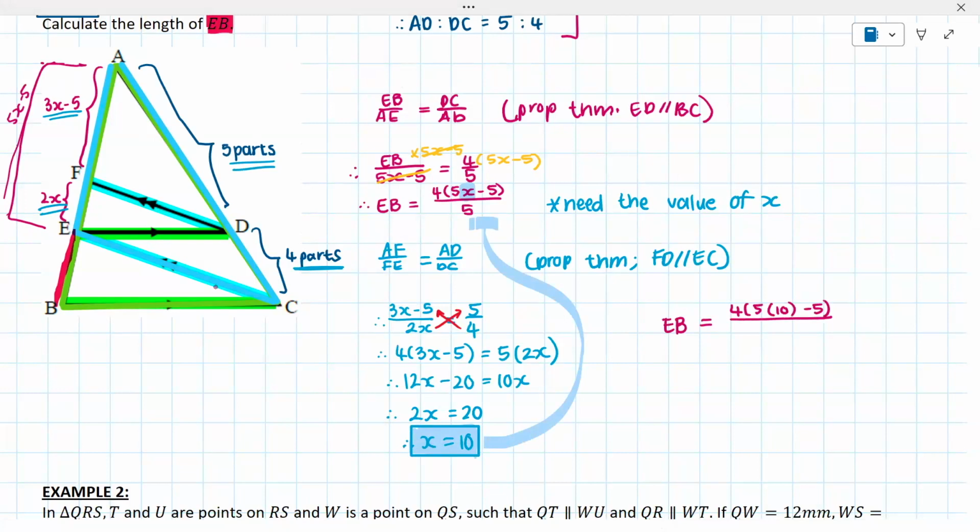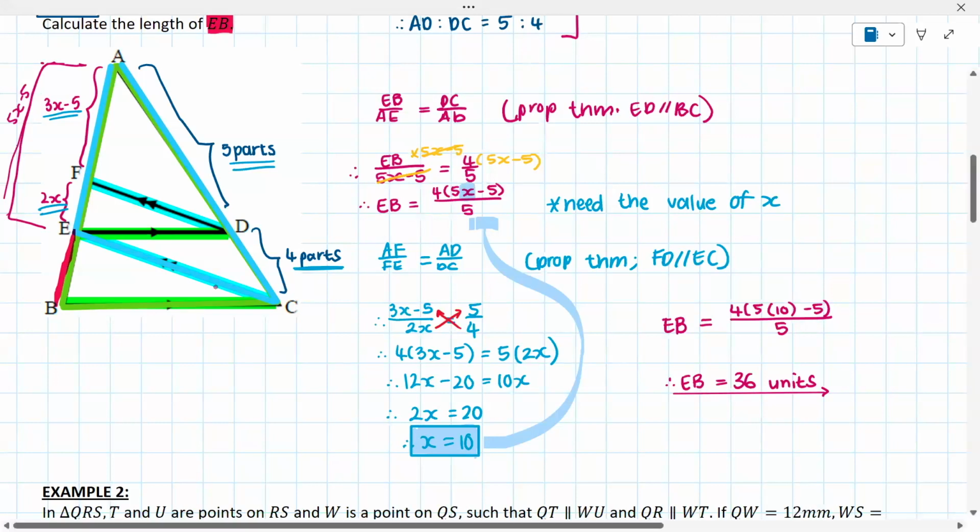Obviously, you can simplify all of this if you want, but I would just substitute it in and chuck it into my calculator. And so that tells me that EB is equal to 36 units. Obviously, I don't know the specific unit of measurement. I wasn't given that information, but I can work out what it is just as a unit.